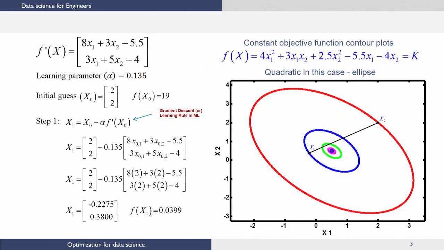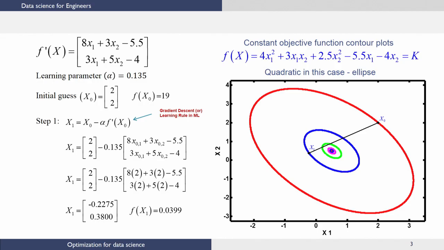Now, notice from the previous lecture we described that while you try to minimize these functions, you do what are called contour plots. If you looked at the previous slide, you would notice that x1 and x2 are on a plane, and the objective function is a value that is projected outside the plane.